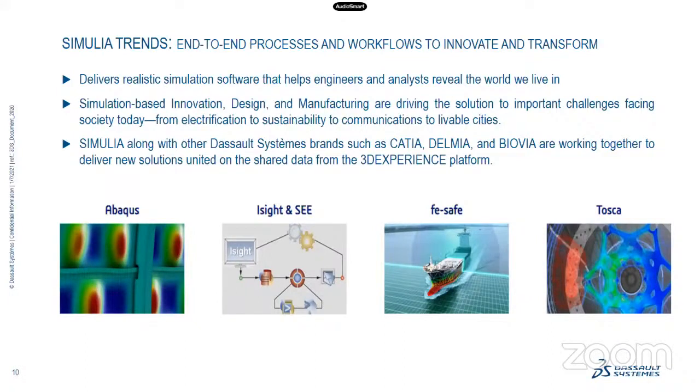We have Abaqus, which is mainly for structural analysis, thermal, thermostructural and thermoelectrical analysis. Isight, the simulation execution engine, is generally for parameter optimization problems, where we have an objective function and design variables and need to solve that optimization problem.